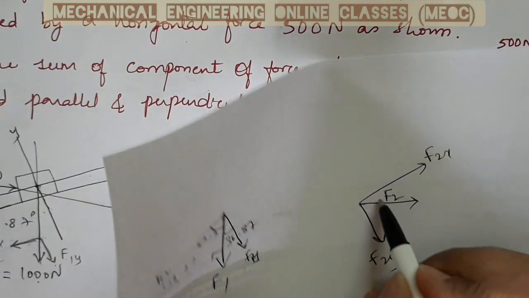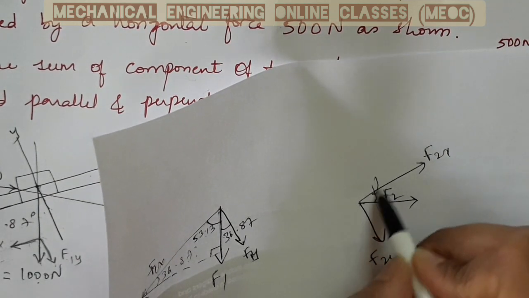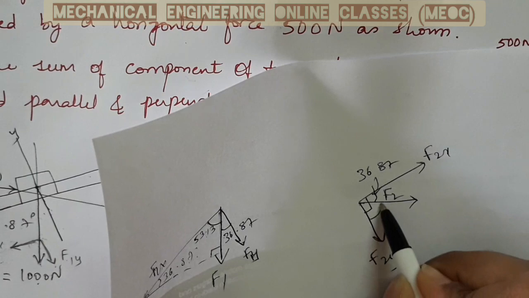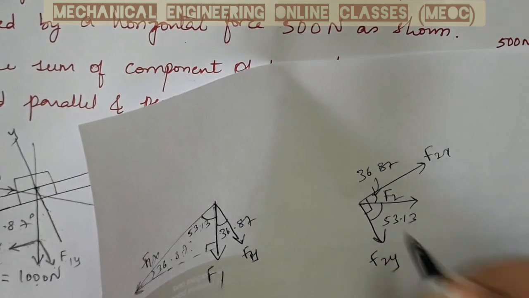We know that this angle is 36.87, so this is 90 degrees, so this will be 53.13.